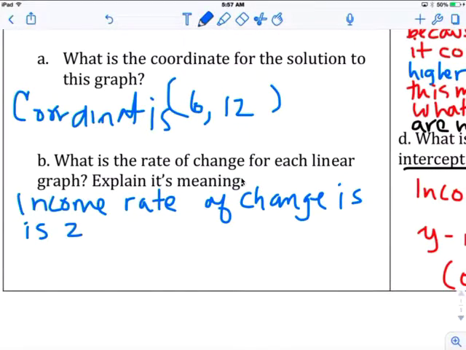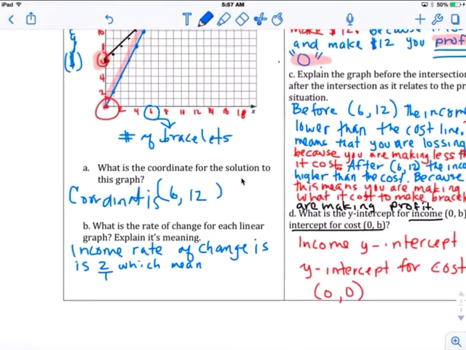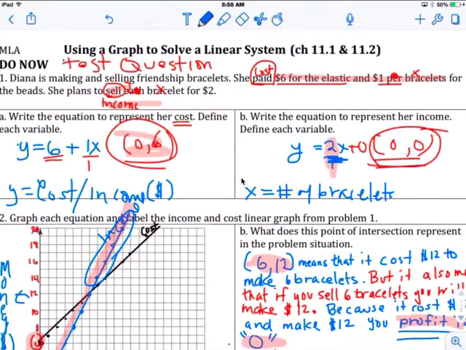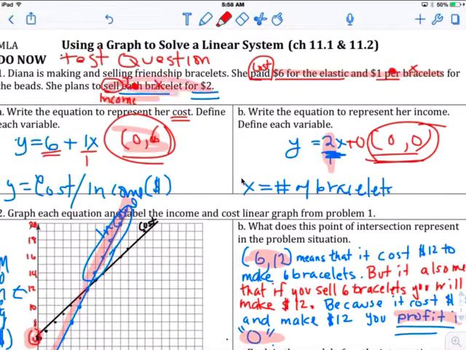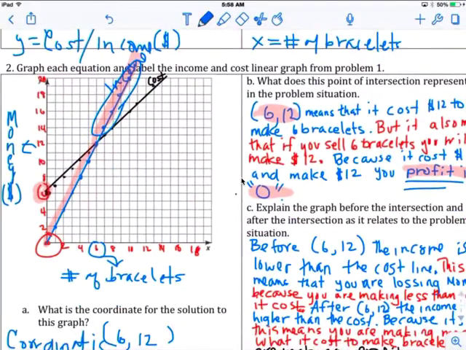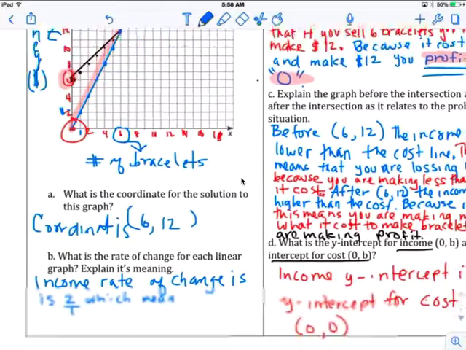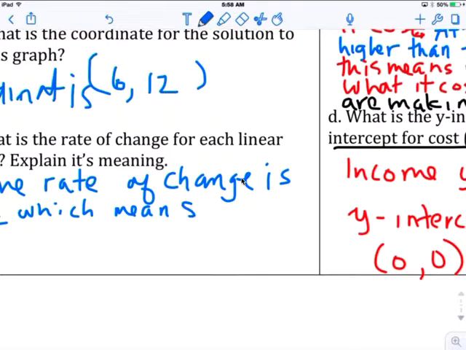Is 2, which means $2 for each bracelet. That's what it means right here. Even here, $2 for each bracelet. For one bracelet, which means $2 for one bracelet.